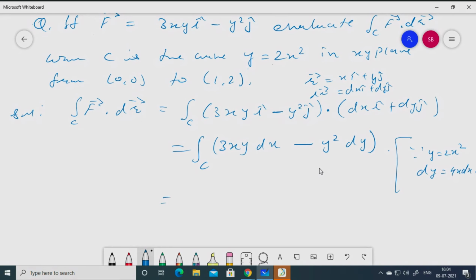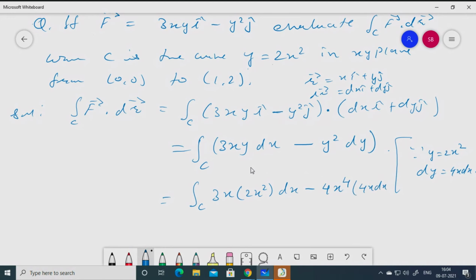Whichever variable you want, if you want to change it in terms of y, that also you can do. No problem. This will be an easy one. So 3x as it is, y is 2x square, dx, minus y square will be 4x to the power 4, and dy is again 4x dx.